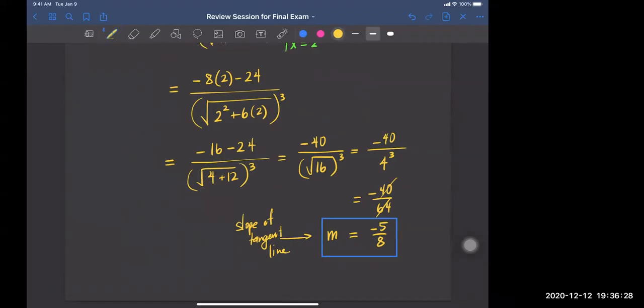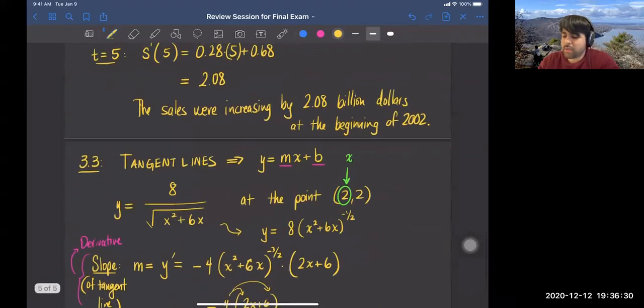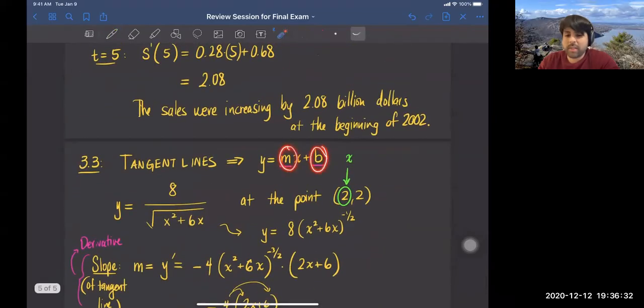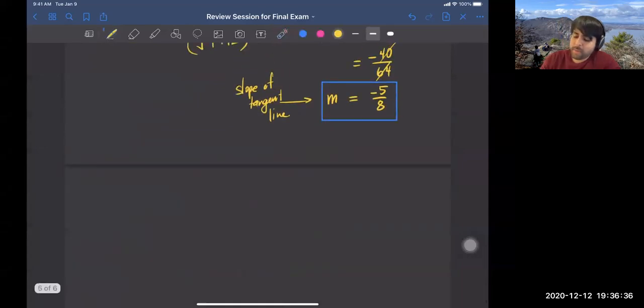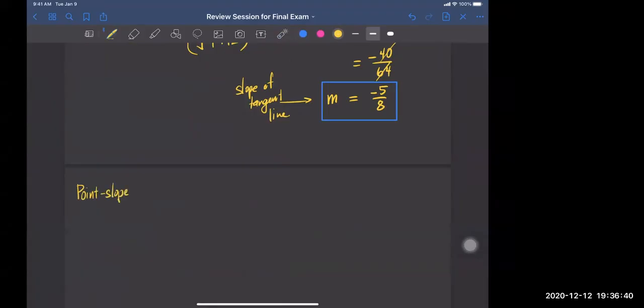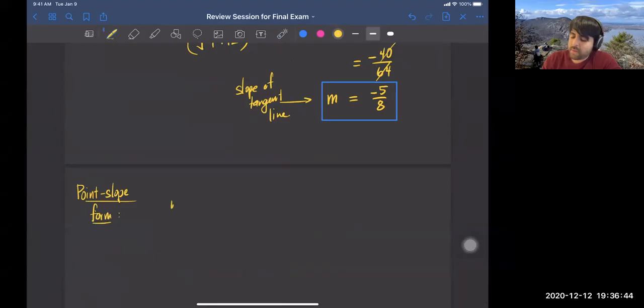But the equation of the tangent line requires me knowing the slope and the y-intercept, or I can think about the point slope form, remember, of a line? That's right. So it's y minus y1 equals m times x minus x1.